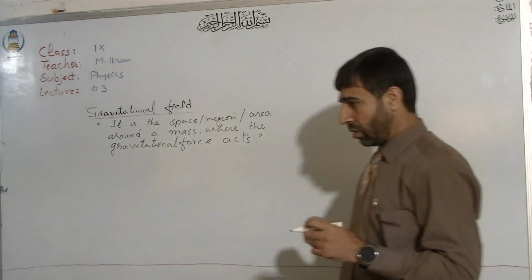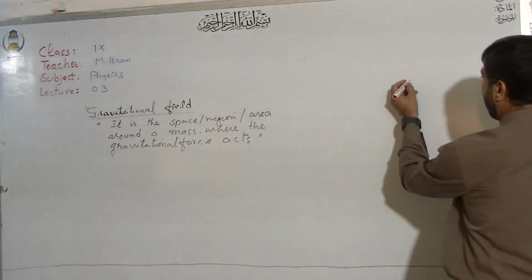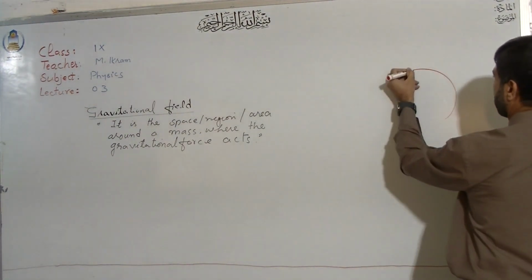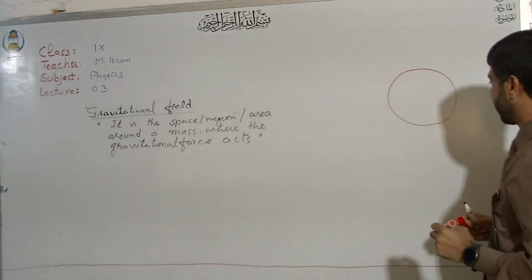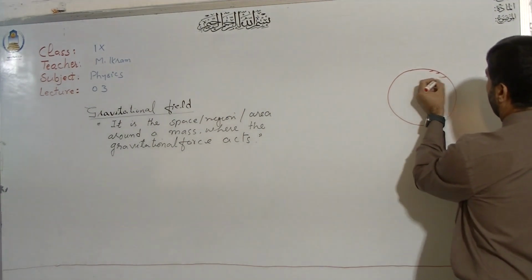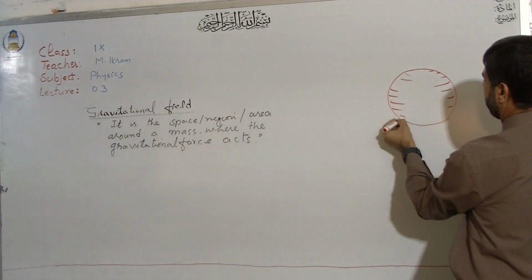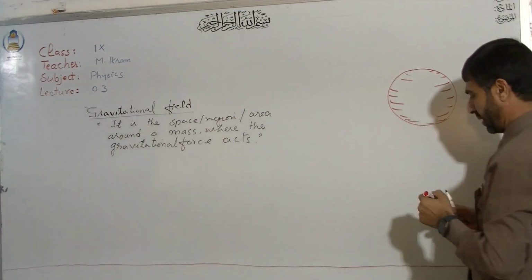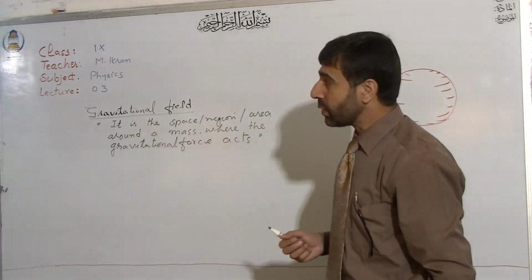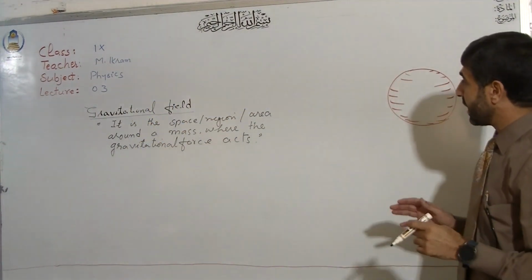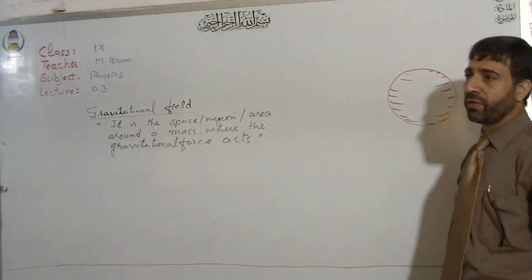Let us suppose this is an object or a body, and I just want to know what will be the limit to which it can act a force on the object. Usually that is what gravity is, in fact, it is infinite, it exists everywhere, right?